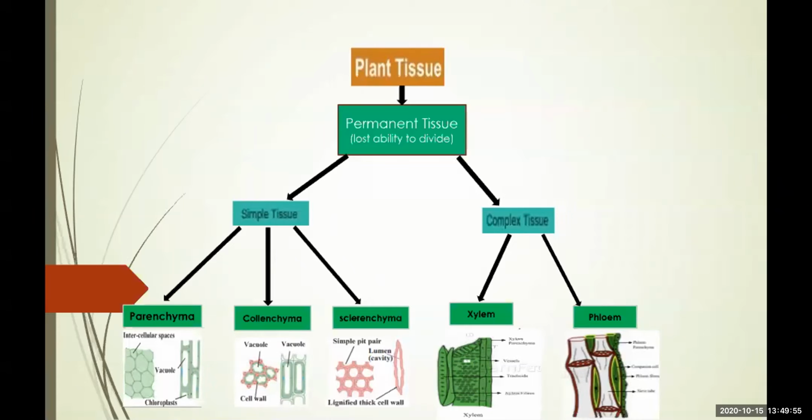Then in fruits, whatever fruits we are eating, it is because of the storage of the nutrients that are formed during the process of photosynthesis. Even in leaves in some cases, like in the case of aloe vera, the nutrient is stored in the leaf itself. So the flow of the nutrient from the phloem is multi-directional, that is, it can move in all the directions.